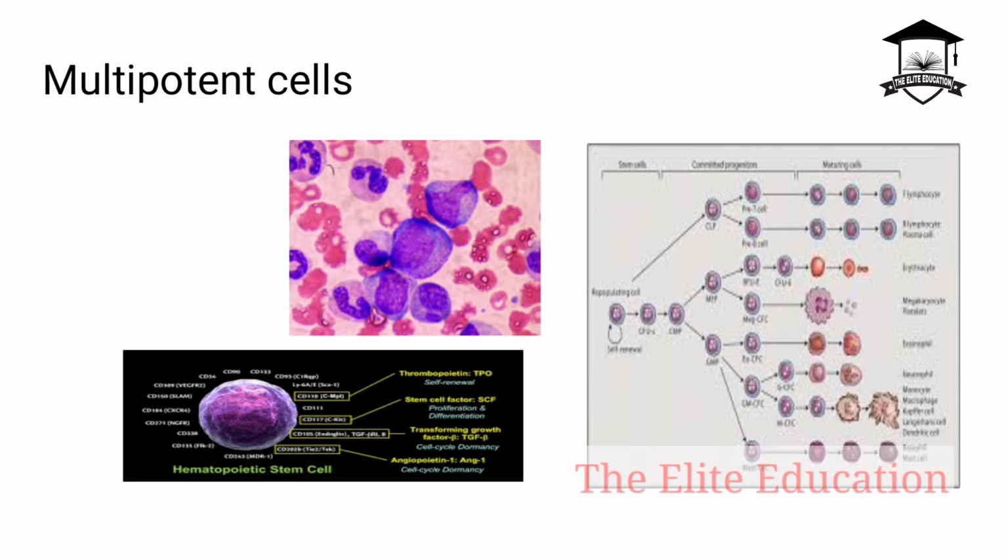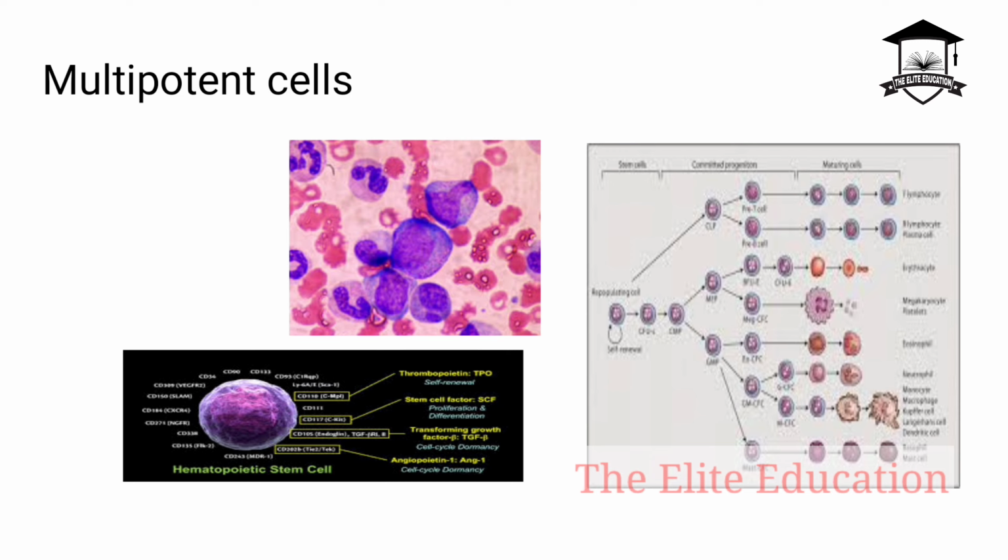Okay, so this is the chart, and these are some pictures of the cells. As you can see, a WBC and also some different kinds of cells. The hemopoietic stem cell, this is a 3D image. The image in black is a 3D image.